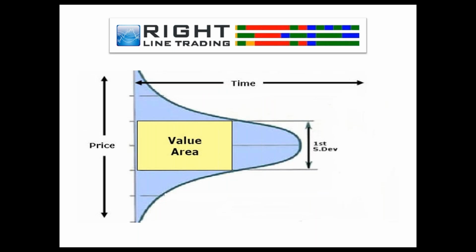Now, volume profile is based on really sound math. If you take the distribution of any amount of data in a closed system, in a perfect world, it would be normally distributed, and it would look like this bell-shaped curve.